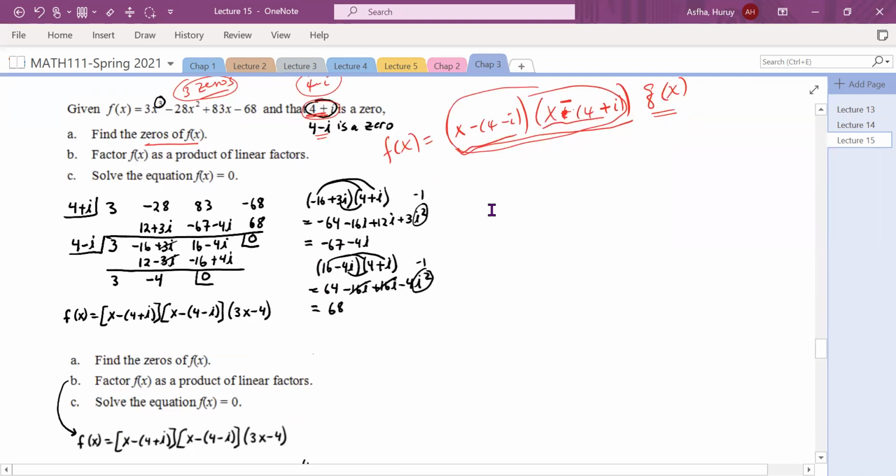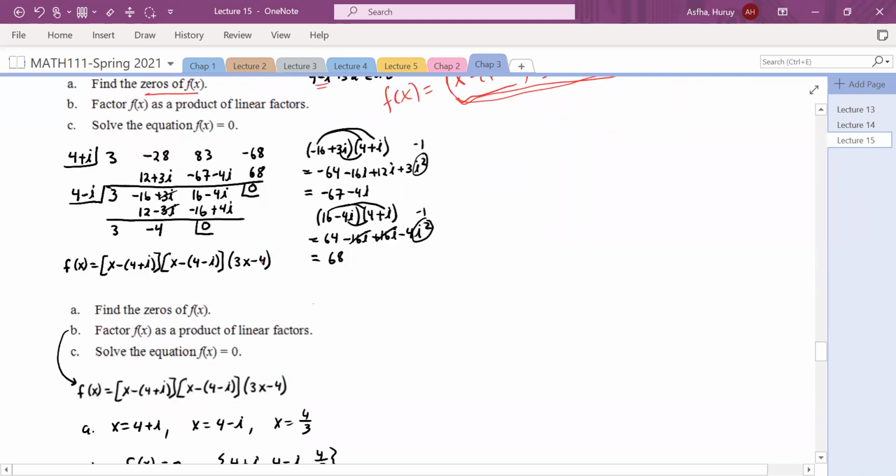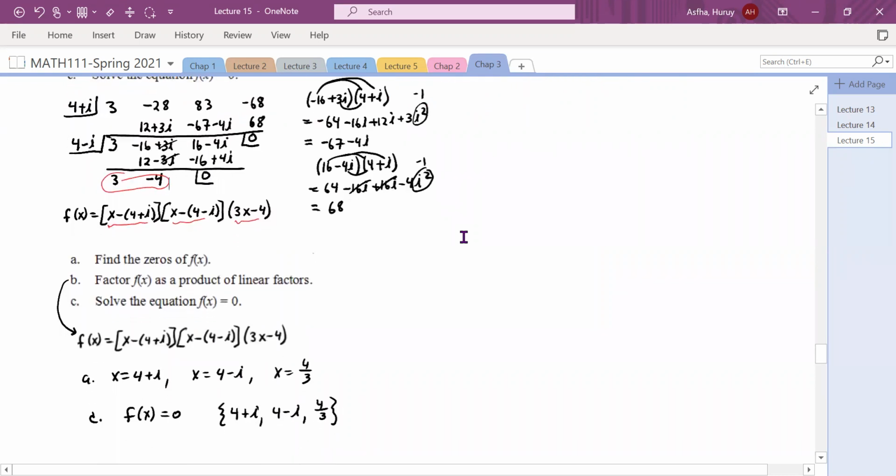The first one is here, the second one is here, and the remaining is 3x minus 4, which is this one.